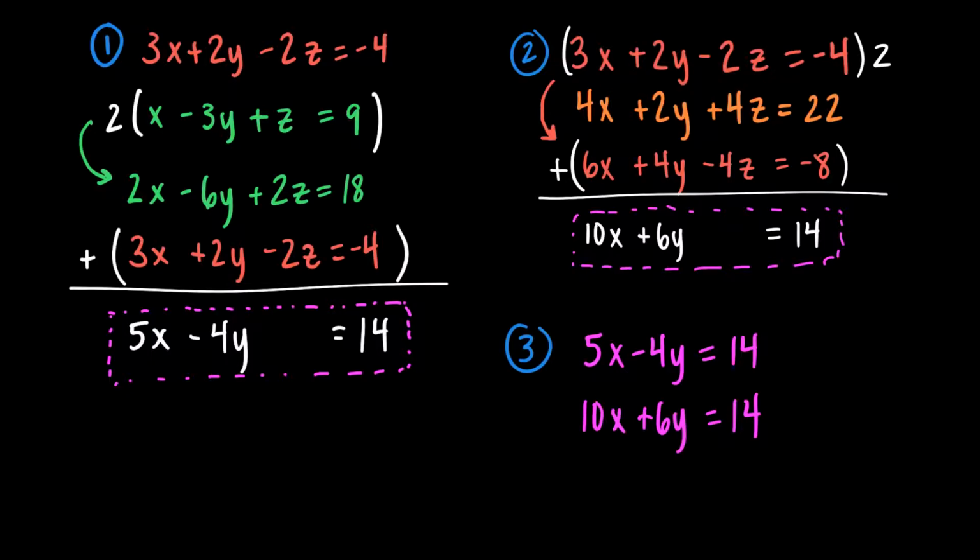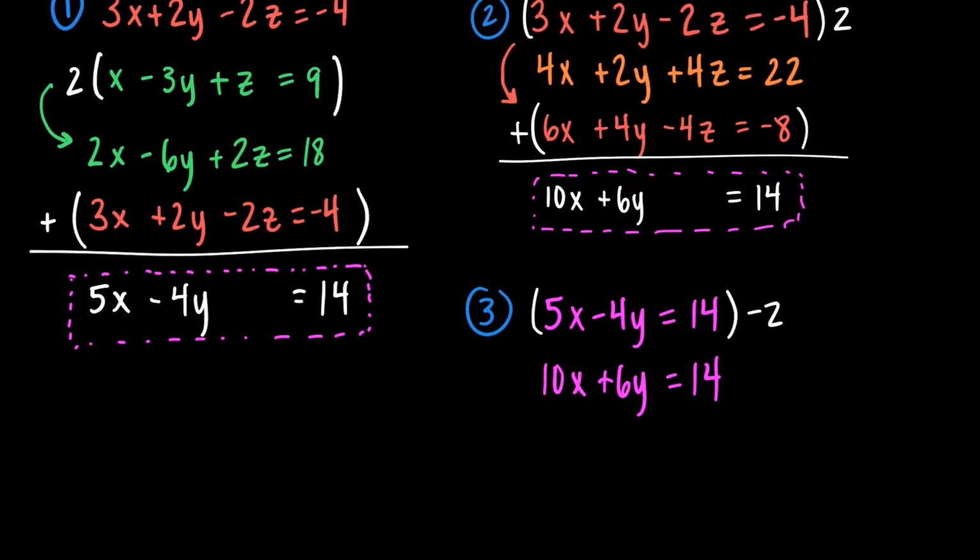Again, we're back to solving systems of equations. You can graph this, you can do substitution, you can do elimination. Personally, I would do elimination and work with the x's. You could work with the y's if you wanted to, but all we have to do is multiply this top equation by negative 2 to get this 5x to become negative 10x, to cancel with that. So let's do that. I'm going to come up to the second equation and multiply by negative 2.